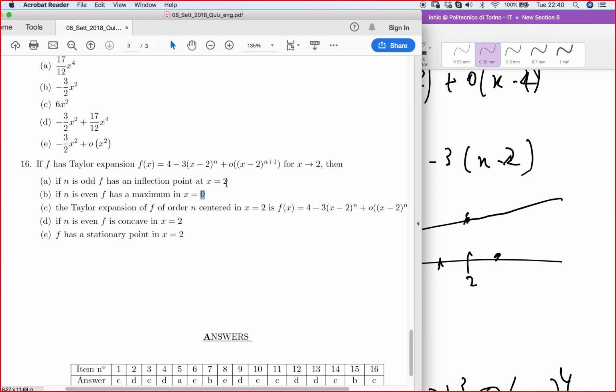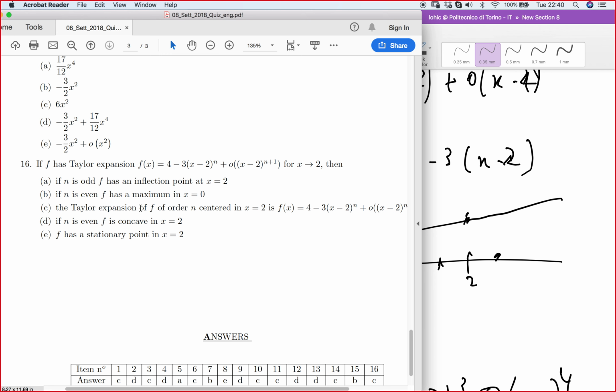It's not possible to give information at 0 having a Taylor expansion at 2. So I repeat, if I have a Taylor expansion at x0, I can only give information at x0. All the other information they ask which is not related to x0 is false.